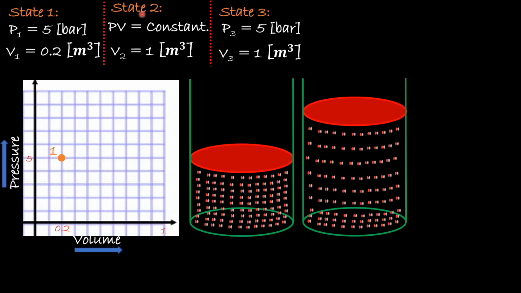Now, state 2 tells us that the volume at state 2 is 1 meter cube. That's what we have in here, right? Now, we want to find the pressure at state 2. We are told that it is a polytropic process with an index 1, which means it is isothermal.